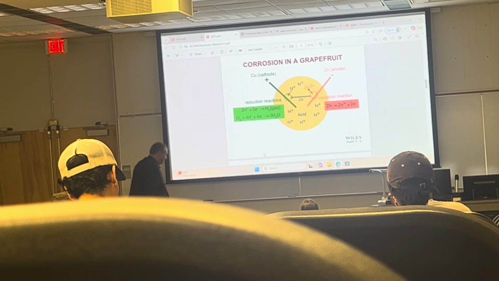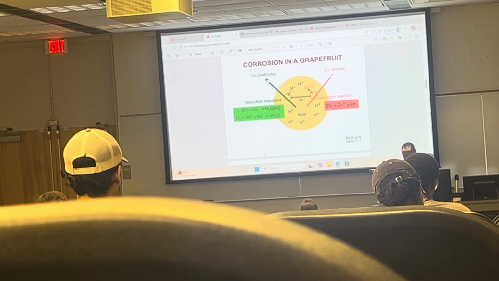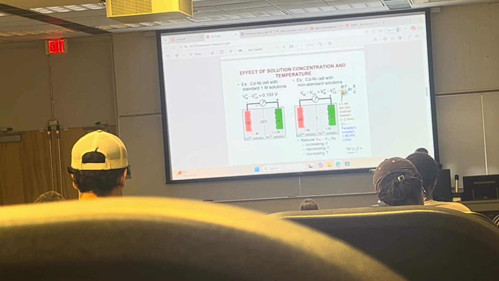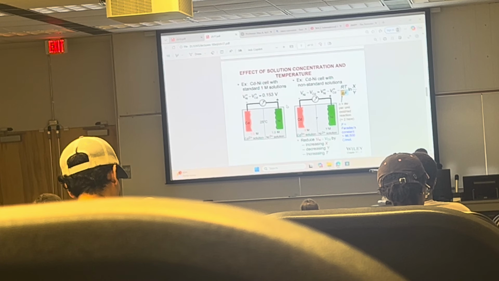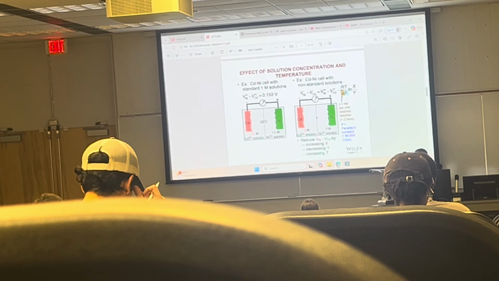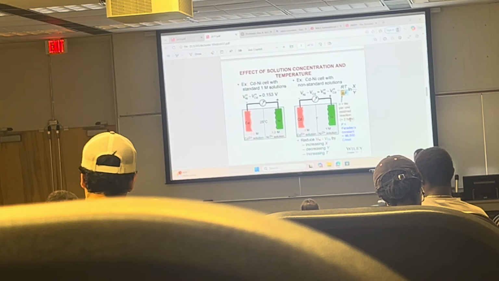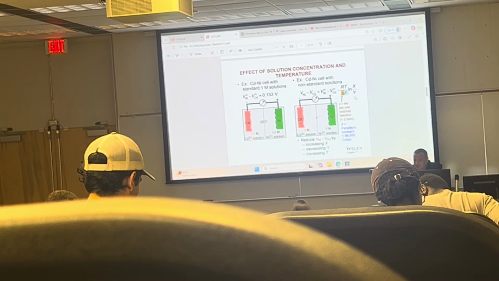Okay. Corrosion. Temperature effect. Okay, so we have the potential of 0.15 volts. If we are changing the temperature, then there's an extra term that's added here: RT over nF log of X over Y, where the n is the number of electrons per unit oxide or reduction.